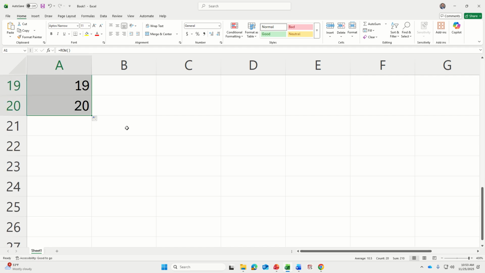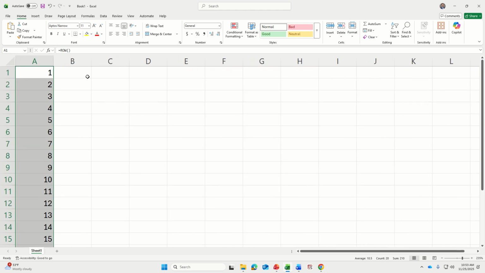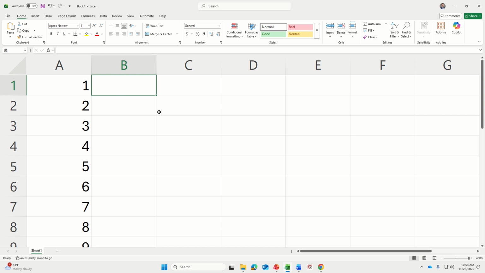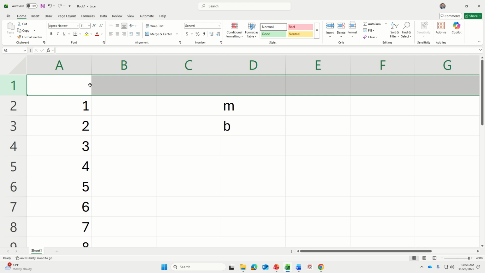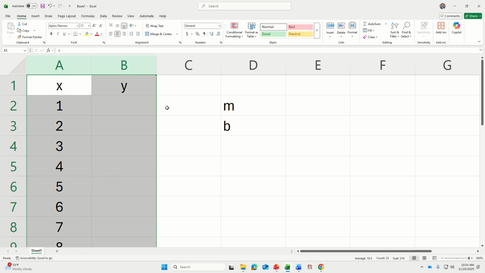So these are my x values here in column A. Then in column B, my formula is going to involve some slope and some y-intercept, and then the error term. In column A, I've got my x variables, and in column B, I'm going to have my y variables.